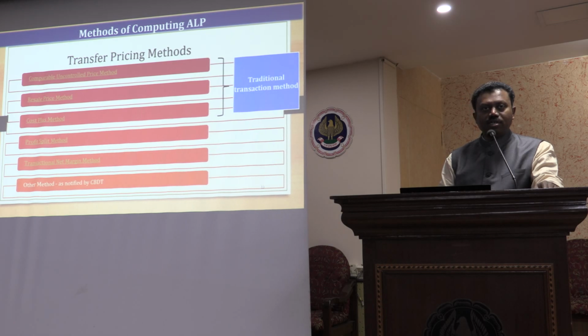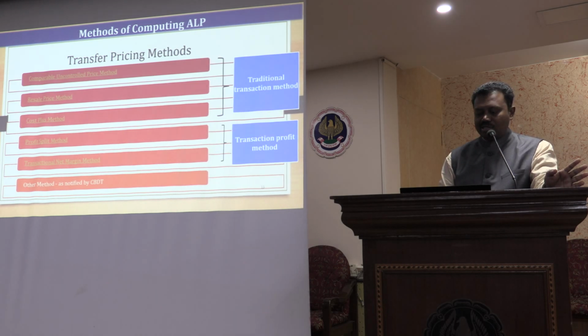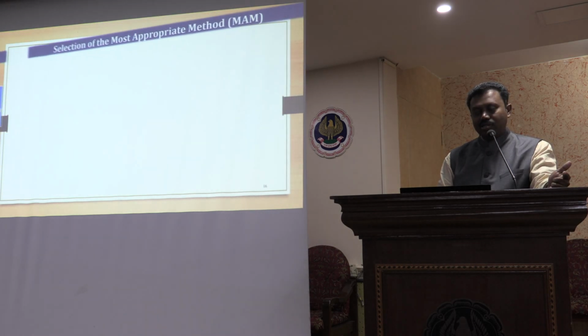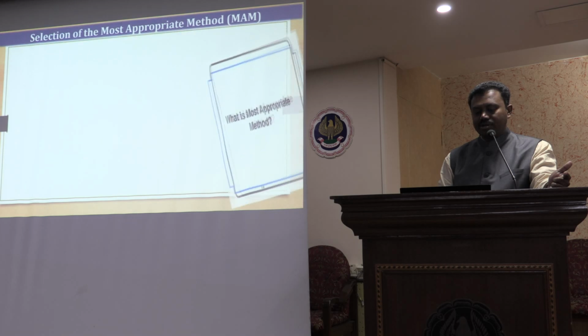So the first one, as I said, is the pricing method, so it is called the traditional transaction method. Then there is the transaction profit method. Then the other one.